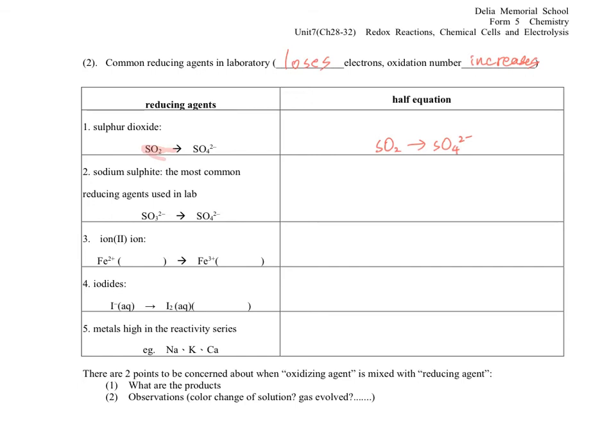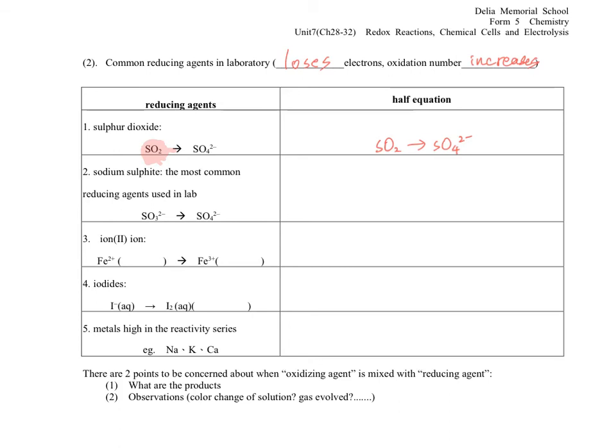For the bottle of red wine, we don't just add air. We add sulfur dioxide so that the wine will not be oxidized to acid easily. So sulfur dioxide is a very famous reducing agent. Okay, it can prevent oxidation because it will react with oxidizing agent first to protect the wine.